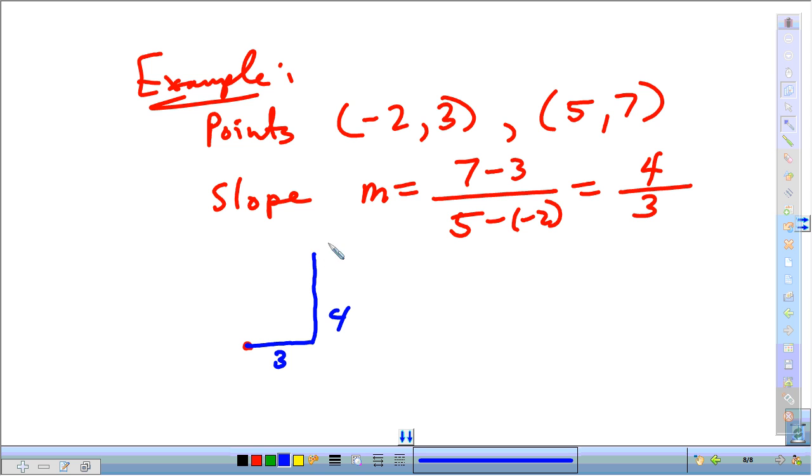So that ratio would generate a picture of the line. So always 4/3.